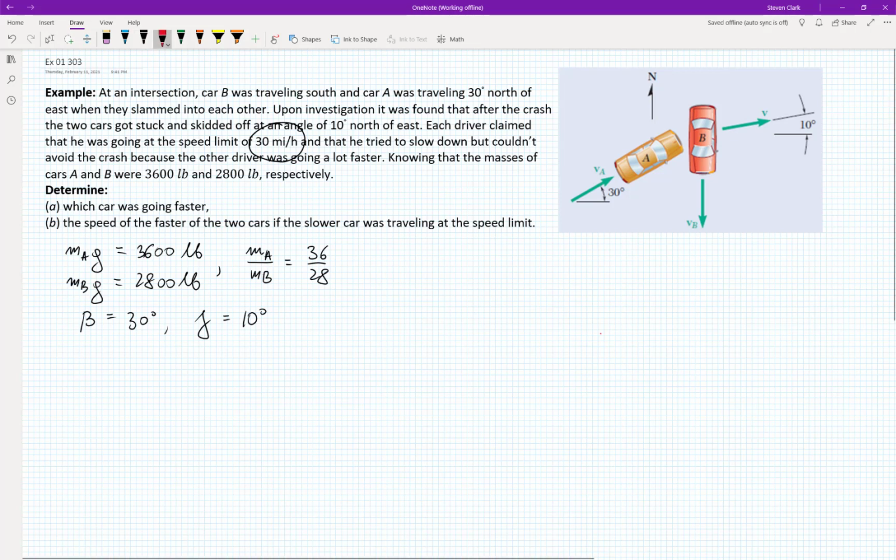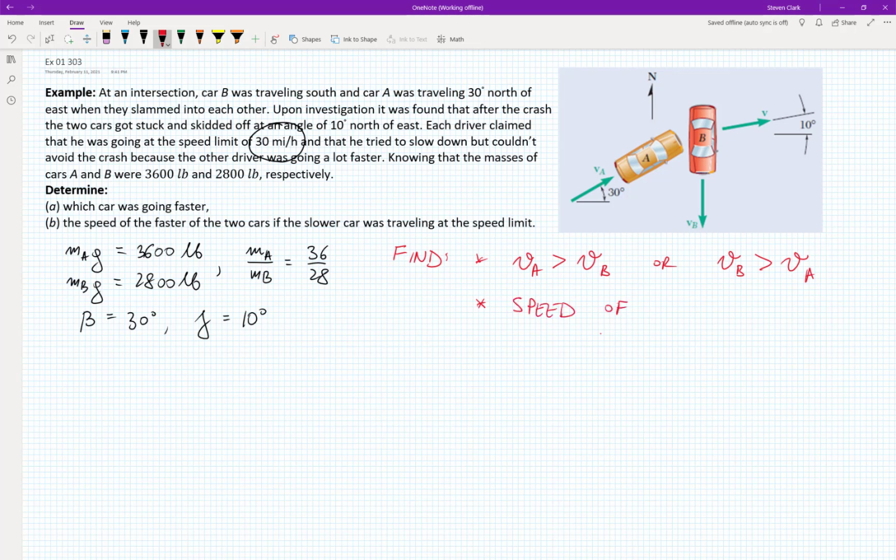ask us to figure out whether velocity A is larger than velocity B, or velocity B is larger than velocity A. And once we figure that out, they ask us to find the speed of the faster car.